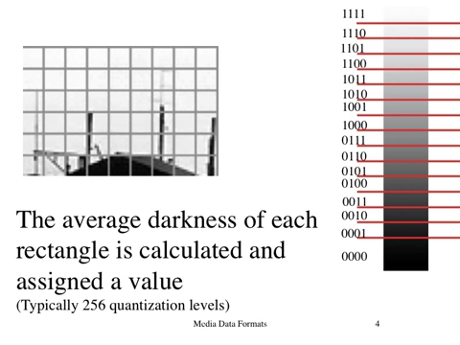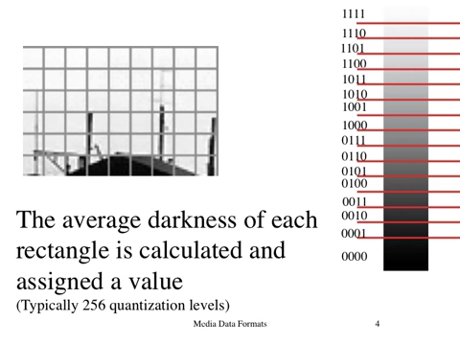There's no point in my pointing at the screen, is there? We look at each tiny little square, or each tiny rectangle. So this rectangle here, the average lightness or darkness of that would be figured out. Whereas the average darkness of this rectangle here is very different from that one there.